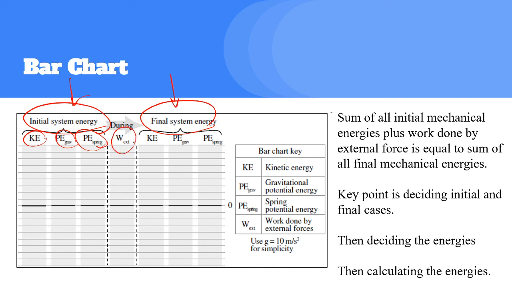If there's an extra force in the system, that means some extra work will be done. That is added in the system, and if you have extra work in the system, your equation is not really changing, but this extra work should be included in your calculations. So that is just a way to set up the forms of energies that you have in the system, before and after, and if there's any extra force in your system.